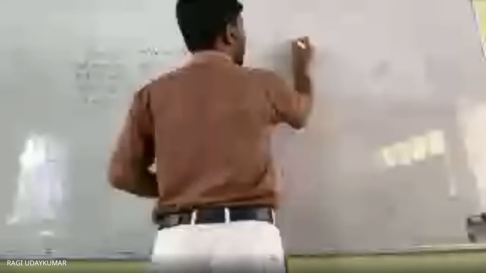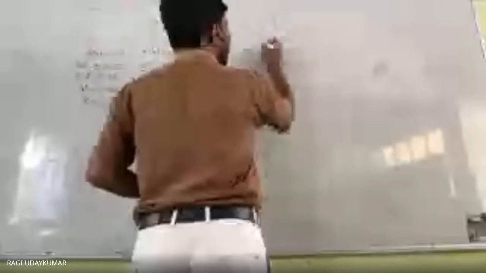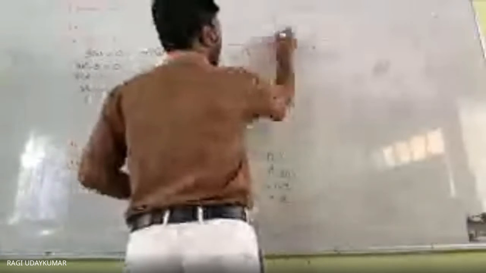So we are having the points 1, 2, 3 here, -1, -2, -3, and 1, 2, 3 here, -1, -2, -3. 0, 0 substitute कर लिया.